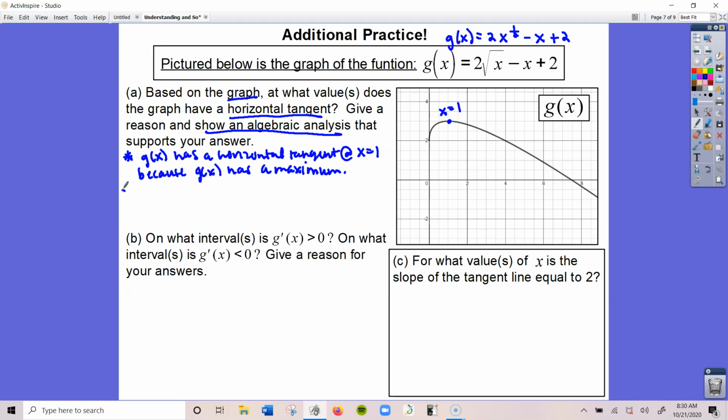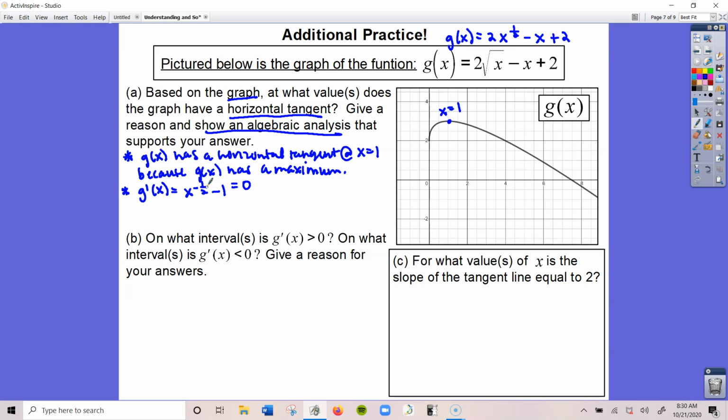So now I'm ready to find the derivative. So g prime of x is equal to x to the negative 1/2, because I had to subtract 1 from 1/2, minus 1. And because we want to show when it has a horizontal tangent, we're going to make this equal to 0.